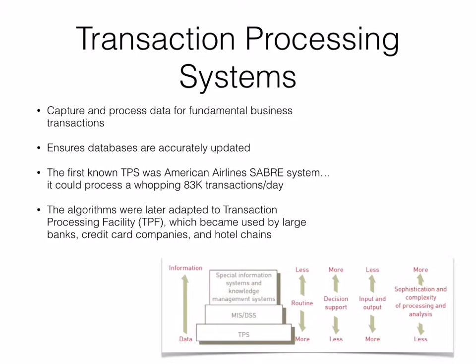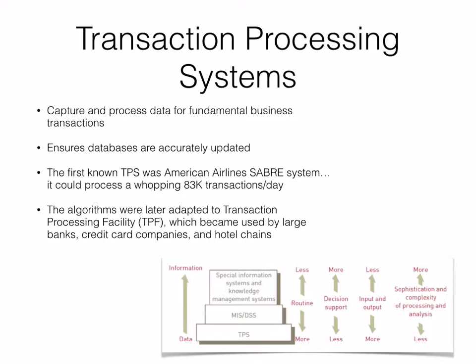It really sits at that base layer where you have things that are more routine with respect to transactions, and less decision support takes place at that level. It's really about fast input and output, and there's less sophistication and complexity of processing analysis at the transaction processing level, because it really does just what we've described in the previous slides.